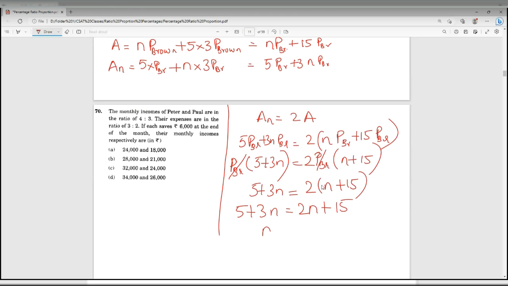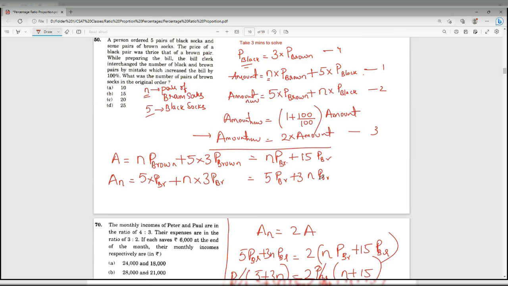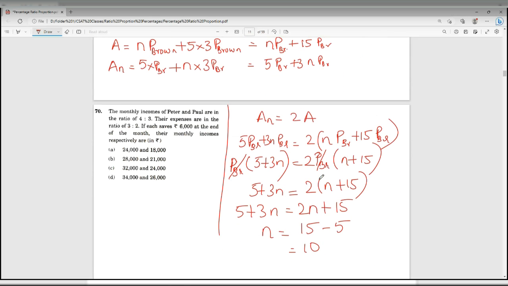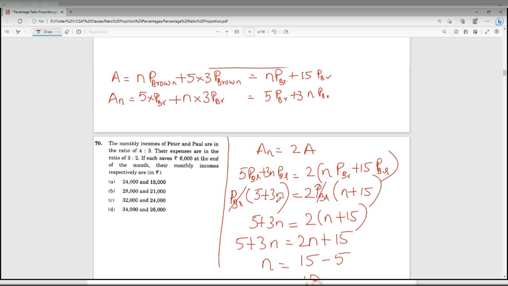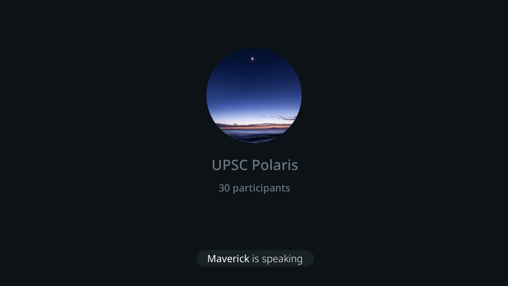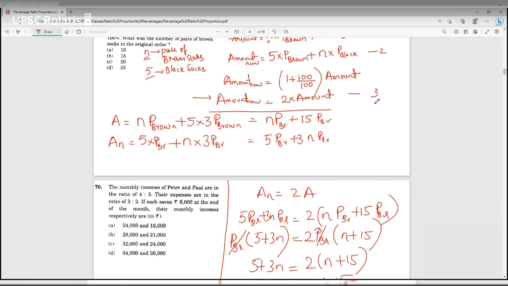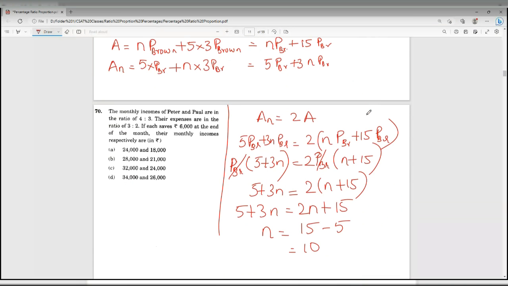If we move this here, N is equal to 30 minus 5, that is 25.